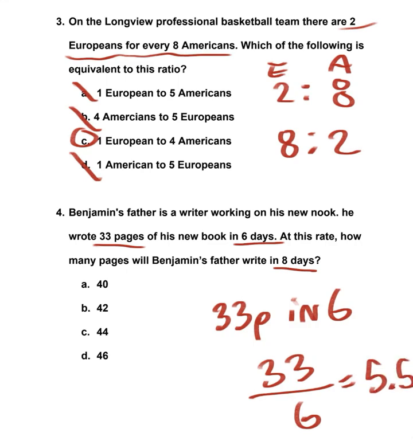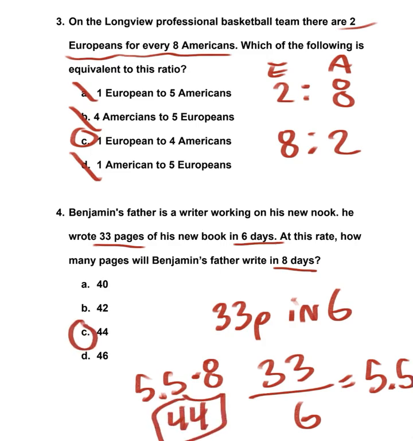So 5.5 pages in 1 day. If we want to see how much he'll write in 8 days, we just do 5.5 times 8, which will be 44. So that's C.